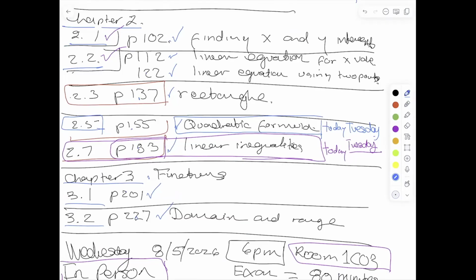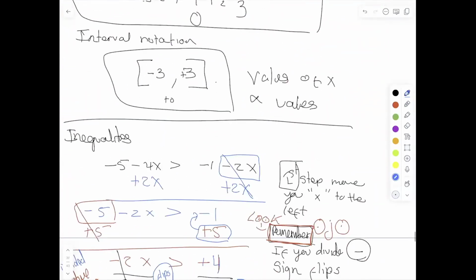Where's my example? Okay, you guys were asking about a word problem, right? Let's see. Rectangle.